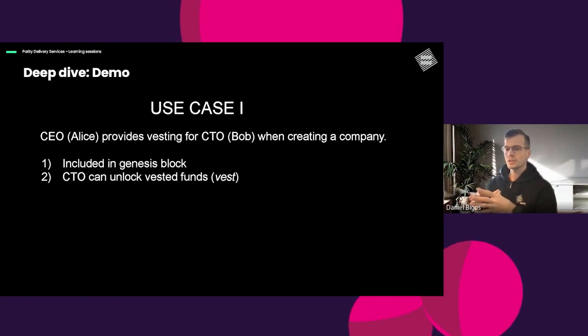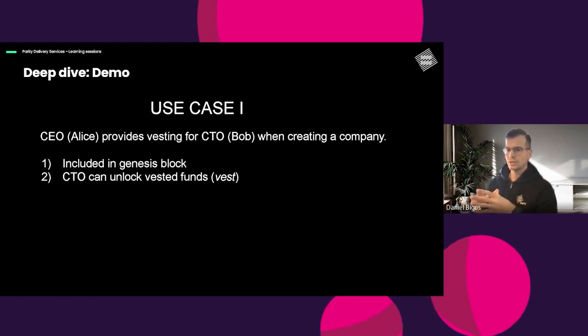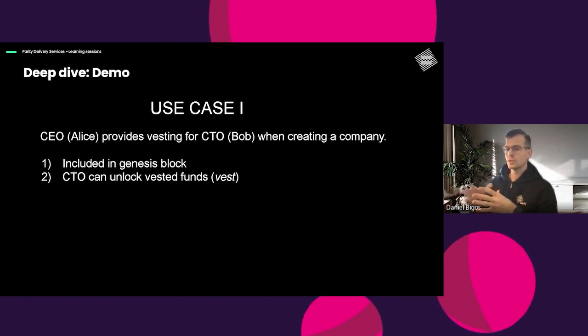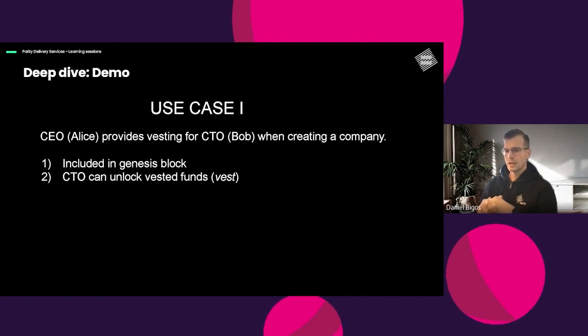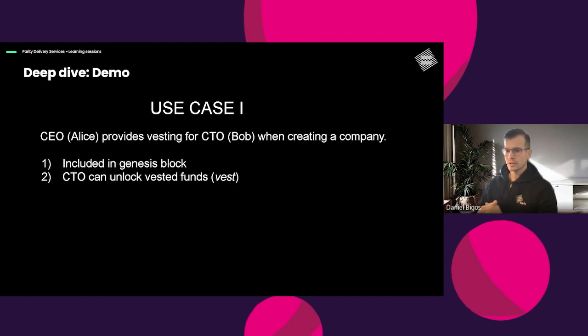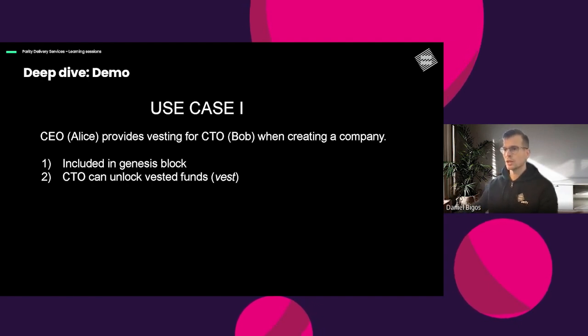Her idea is to provide some vesting in the very early stage to Bob, and it can be done in a Genesis block, which I'm gonna show you in this use case. Then with every minted block, Bob gets some vested tokens. So let's jump first to the Genesis configuration, and then let's check how it works.